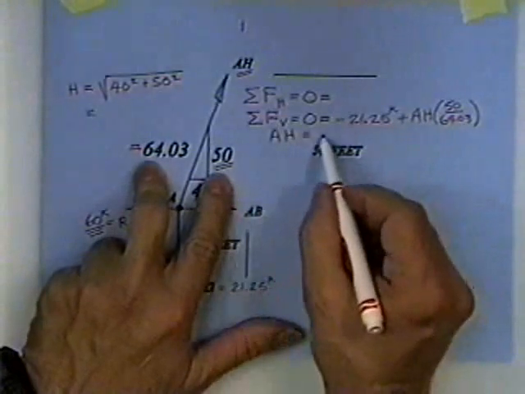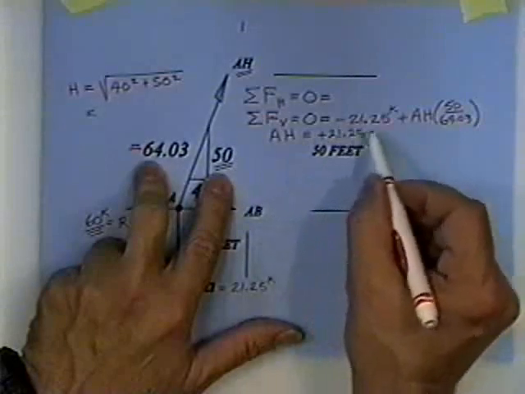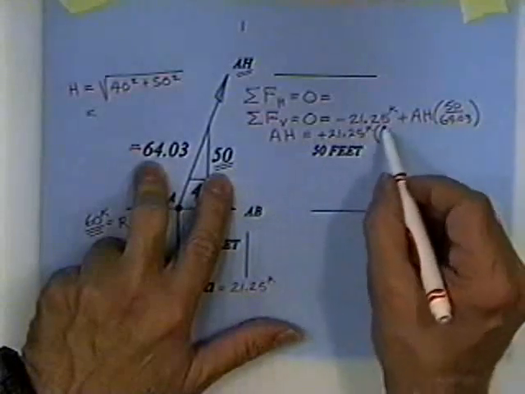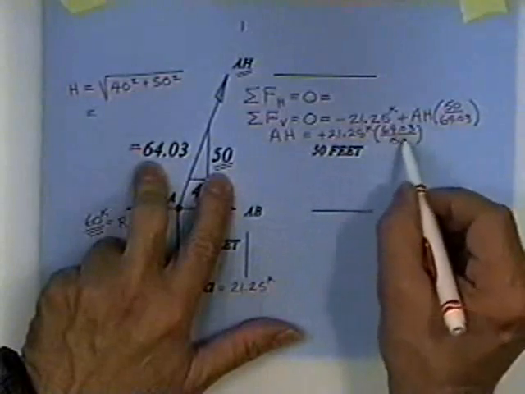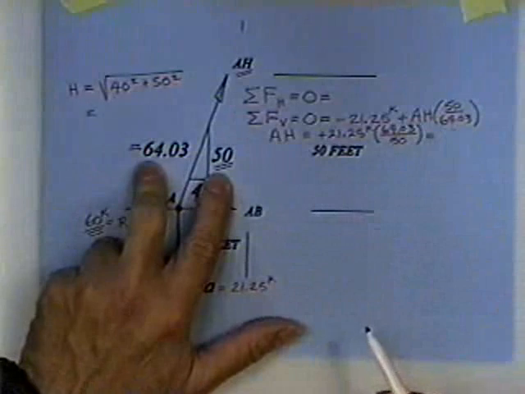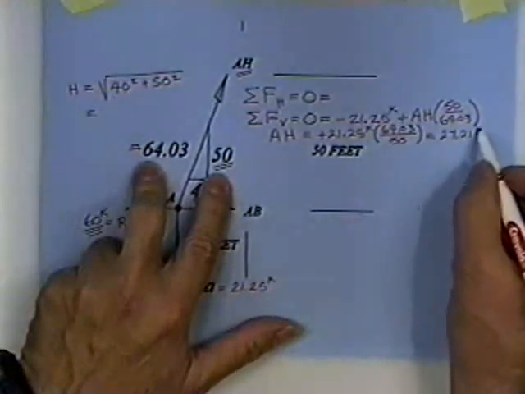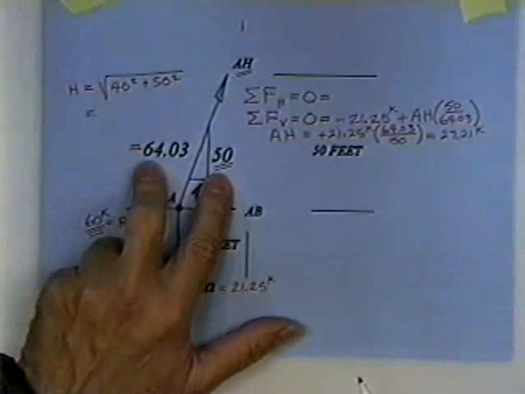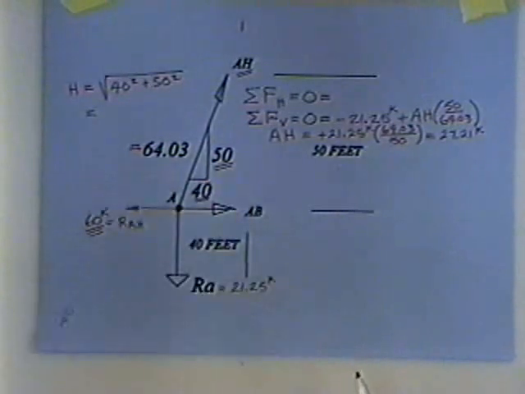AH is equal to plus 21.25 times 64.03 over 50. 27.21, thank you. The plus sign means you guessed the arrowhead correctly.